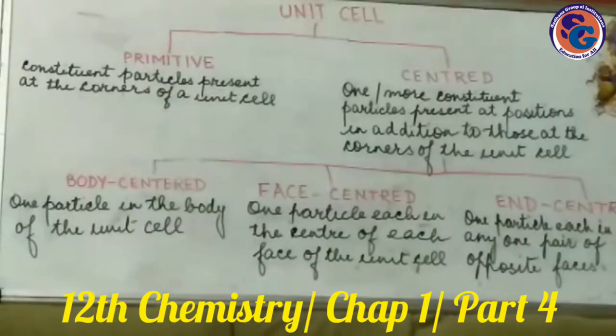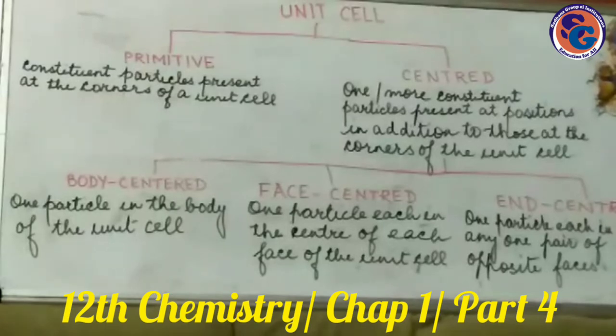In end-centered unit cell, apart from those particles which are present at the corners of the unit cell, there is one particle each in any one pair of the opposite faces of the unit cell. इसका मतलब है कि ऐसे सेल्स में यूनिट सेल के 8 कॉर्नर्स पे जो पार्टिकल्स प्रेजेंट होते हैं उनके अलावा किसी एक ऑपोजिट पेयर ऑफ फेसेस के बीच में एक पार्टिकल प्रेजेंट होगा.